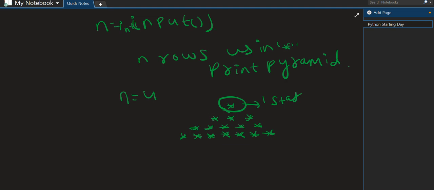First of all, look into the stars. In the second row there will be three stars. In the third row it should be five stars.